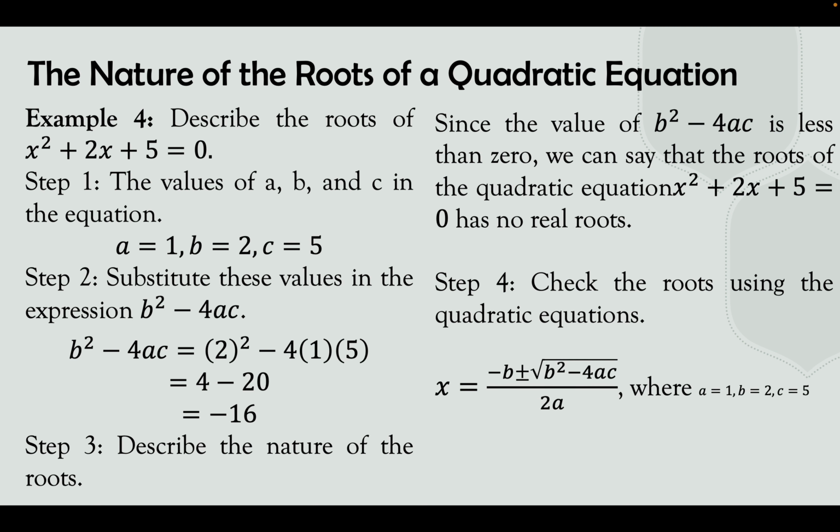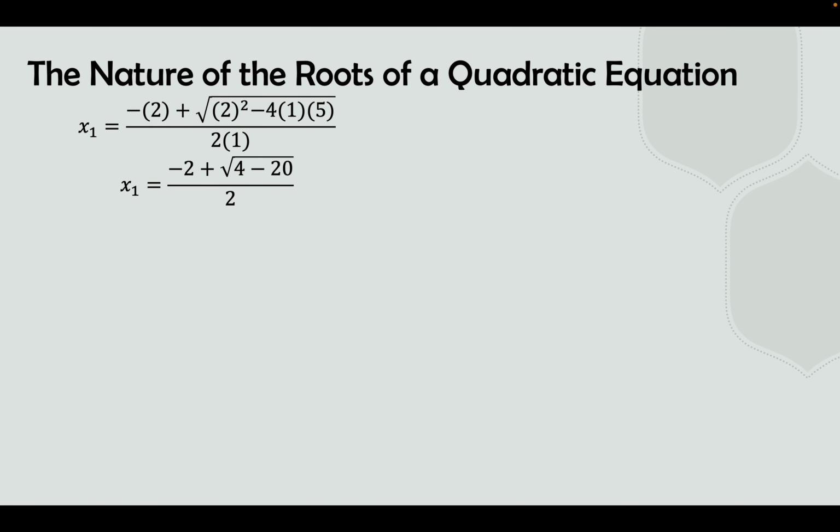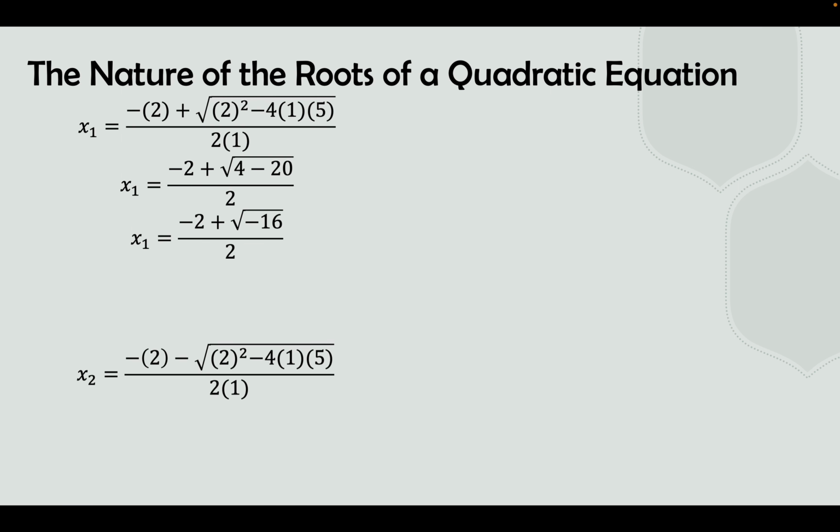So let's check, class, if the nature of the roots is correct by substituting it to the quadratic formula. So we have negative 2 plus square root of 2 squared minus 4 times 1 times 5 over 2 times 1. We have negative 2 plus square root of 4 minus 20 over 2. That is negative 2 plus square root of negative 16 over 2.